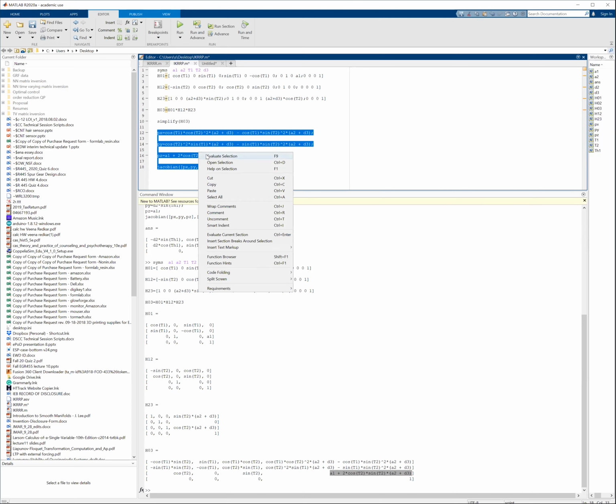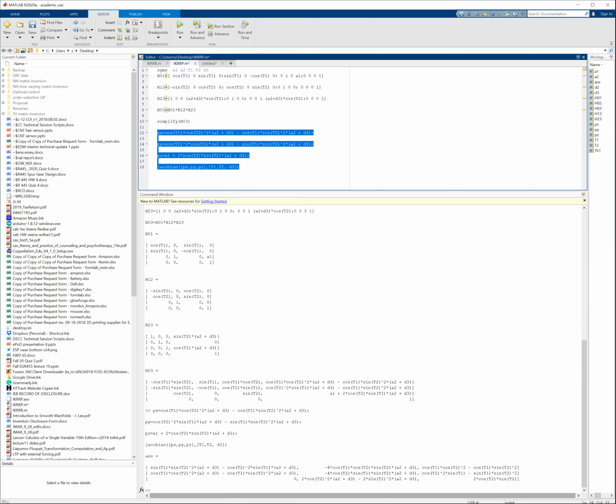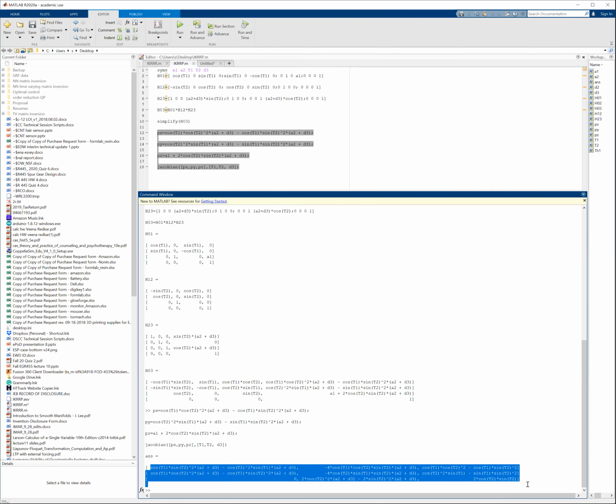So when you do this, this is the big Jacobian that you got. And you are welcome to check this Jacobian using the manual calculation, or you can just use MATLAB or any other symbolic software to verify if this Jacobian is correct.